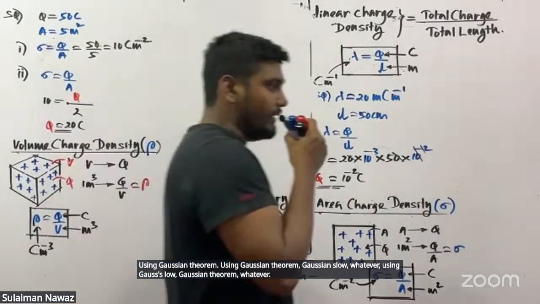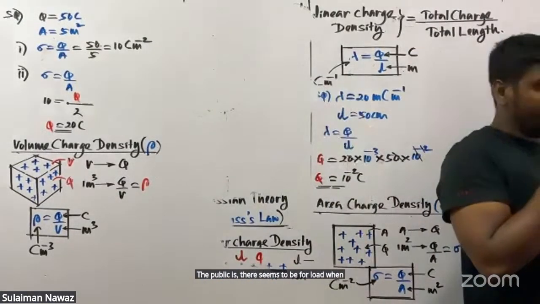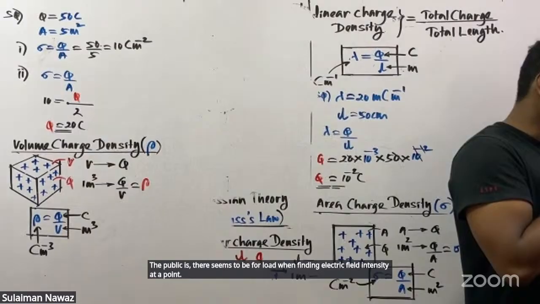The topic is the steps to be followed when finding electric field intensity at a point using Gaussian theorem.